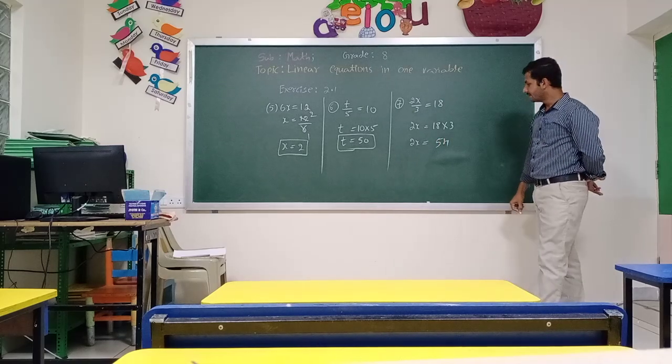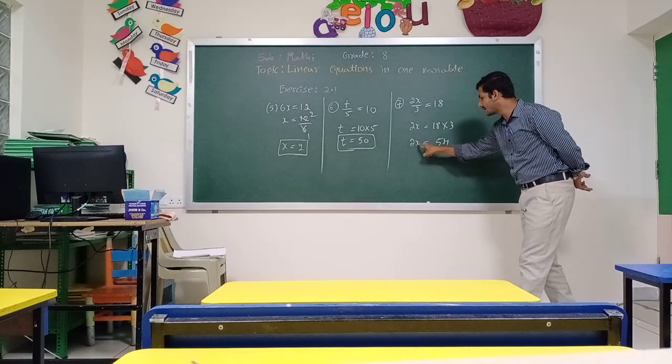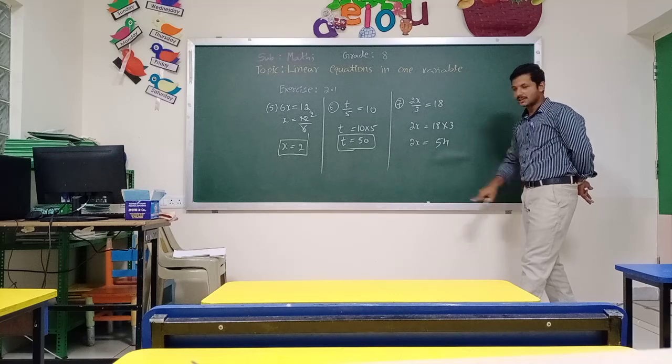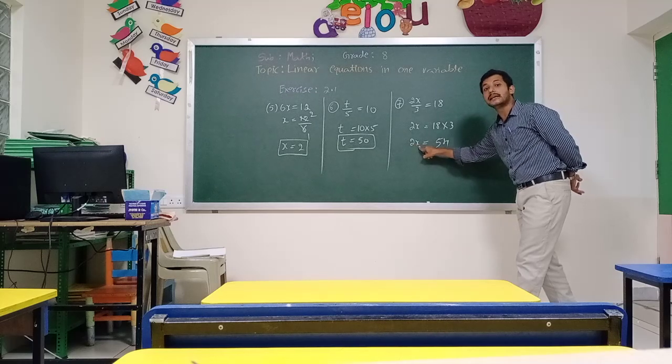54, right? Now we have x here. 2x equal to 54. We are finding out what x is. What is the value of x? 2 and x are under multiplication.